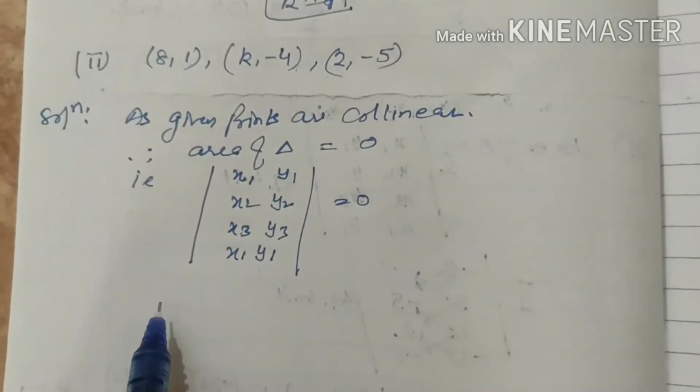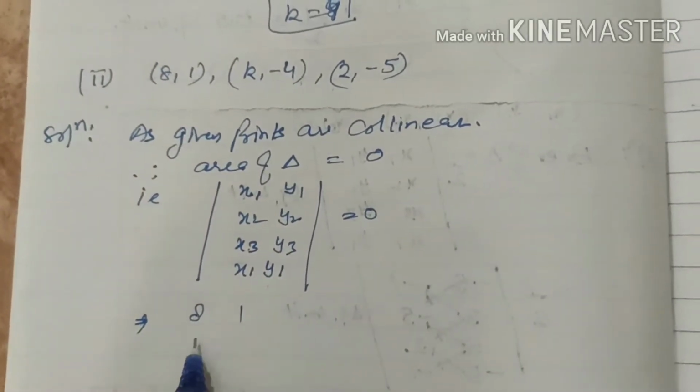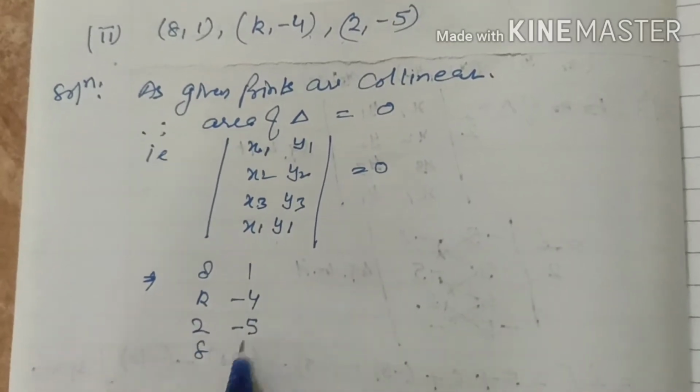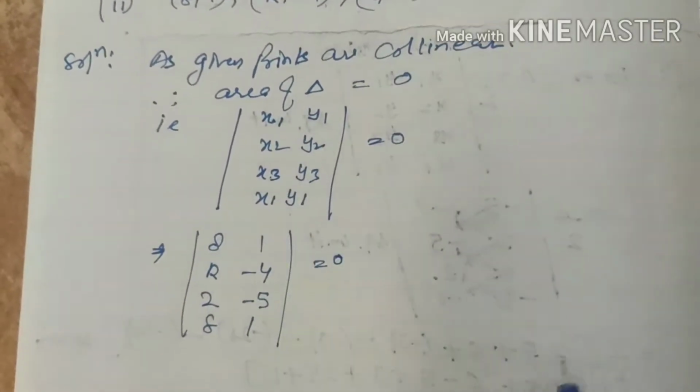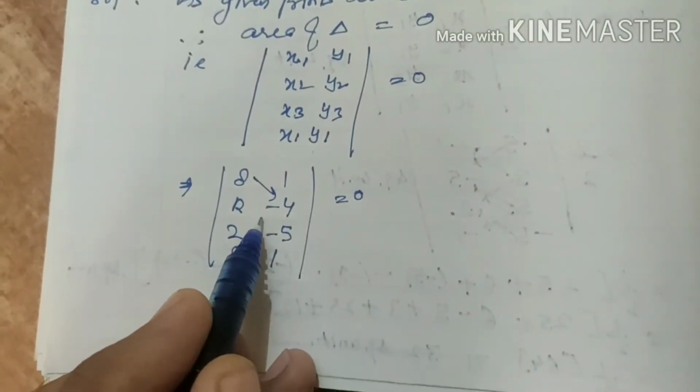So put all the values in this. X1 we have as 8, so 8 1, k minus 4, 2 minus 5, and 8 1 again. So this is equals to 0. Now multiply the cross.